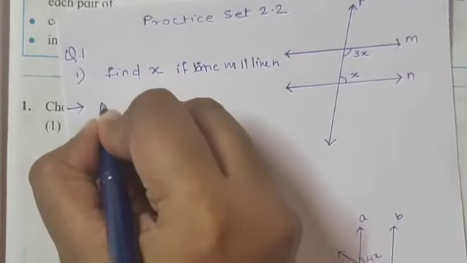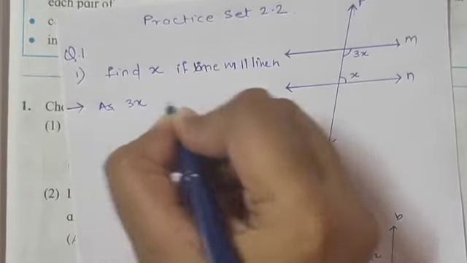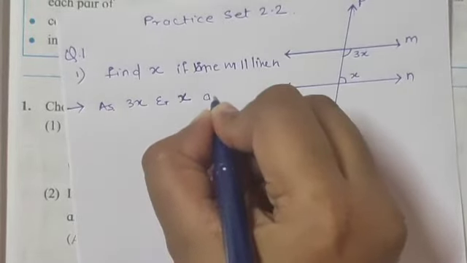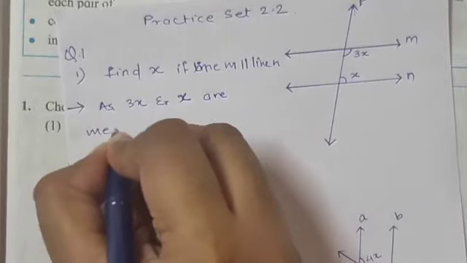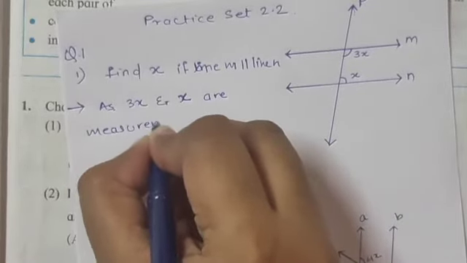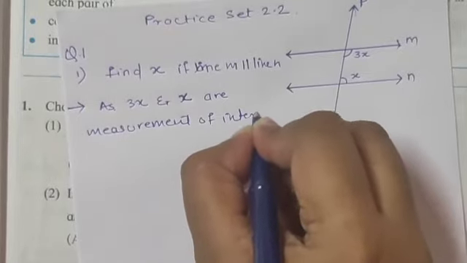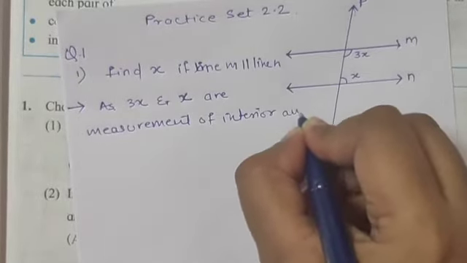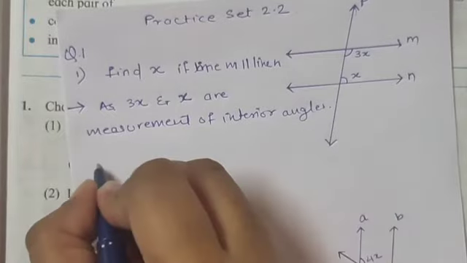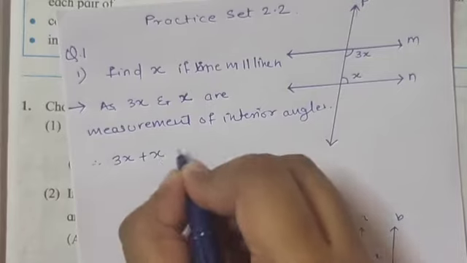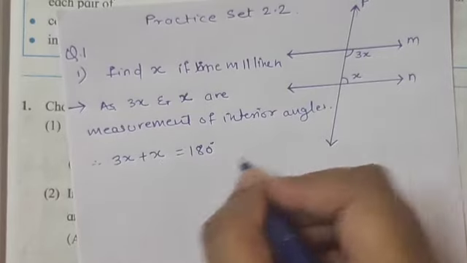As 3x and x are measurement of interior angles, therefore 3x plus x is equal to 180 degree.